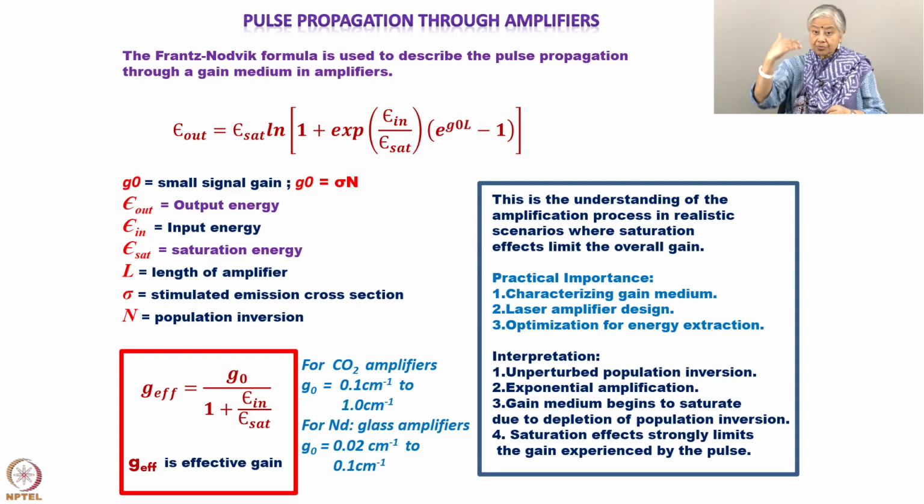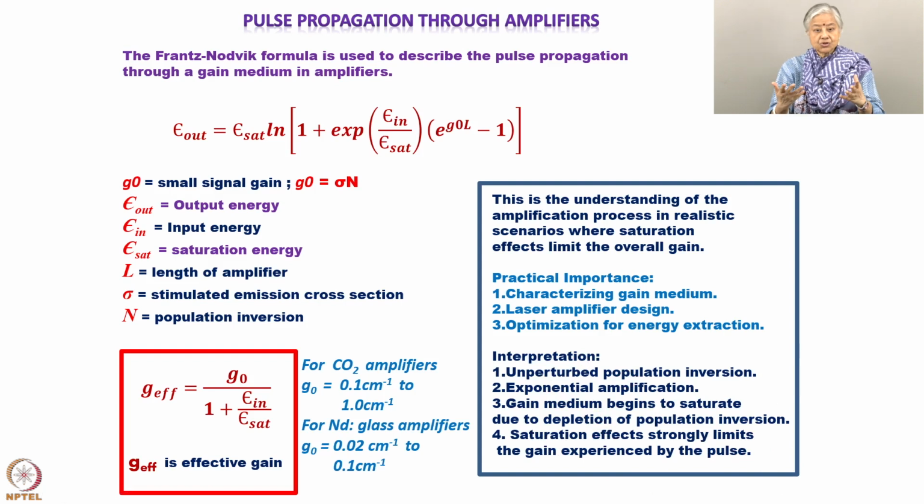The population from the upper level to the lower level is being used up, and because of that the gain also reduces. So, the gain kind of saturates. You are not able to extract more energy from the system. That is what is meant by saturation due to depletion of population inversion. Here I say that saturation effect strongly limits the gain experienced by the pulse.